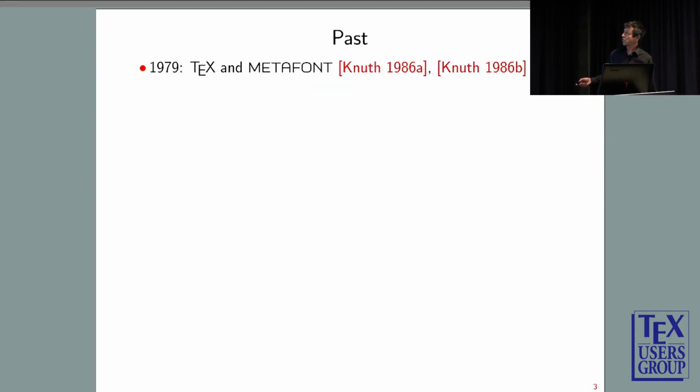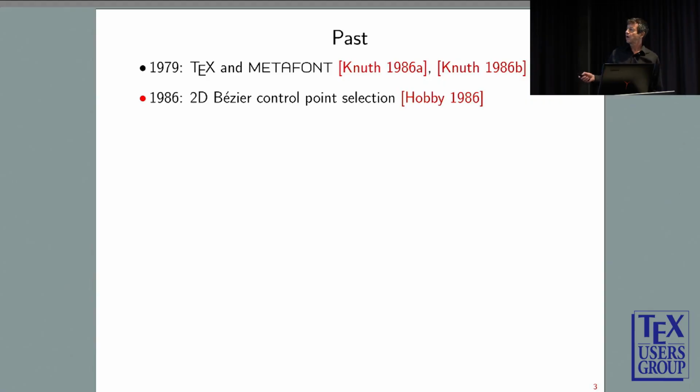Anyway, so it began in 1978, but I guess the manual came out in 79 for TeX and Metafont. So in the beginning, it all started with Knuth. And then at that point, the companion to TeX, of course, was the font generating program. That was all done with bitmaps. And so now, we're using much nicer looking fonts, and that's due to the work of Hobby.